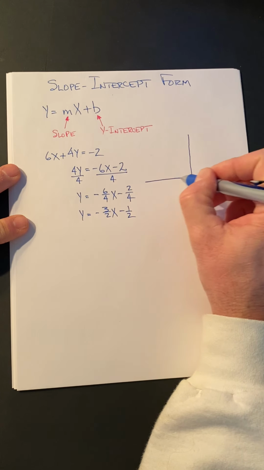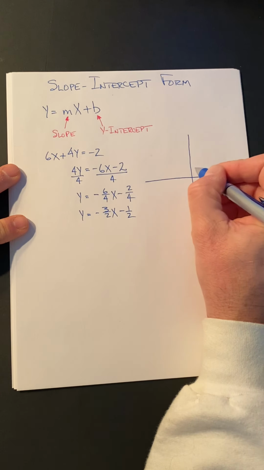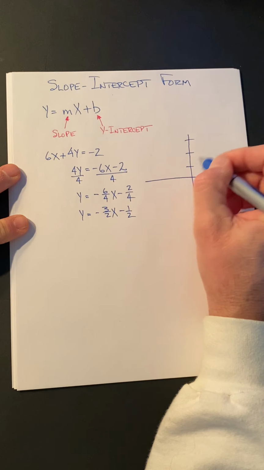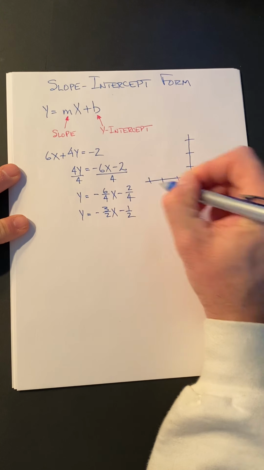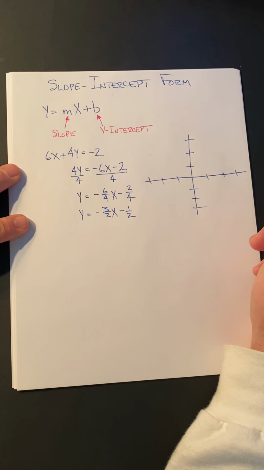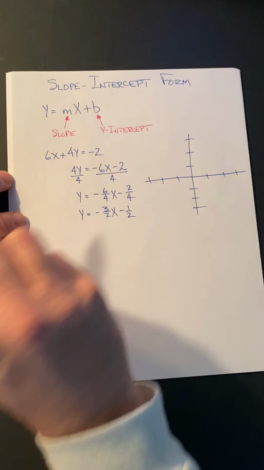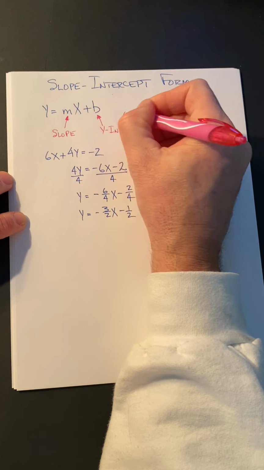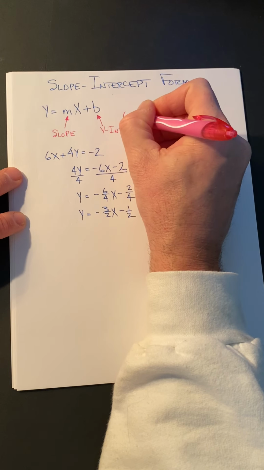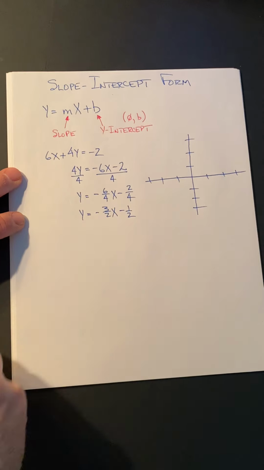All right, so here's my graph. There's 1, 2, 3, 1, 2, 3, 1, 2, 3, 1, 2, 3, okay? Now, we've talked about this. This y-intercept is always going to have the coordinate associated with it of a 0, comma, b, isn't it? Okay?